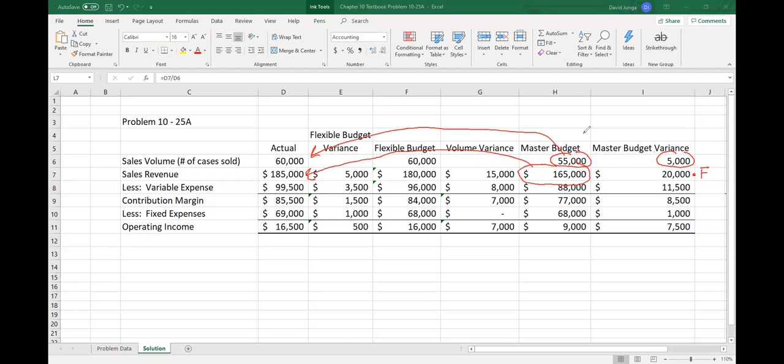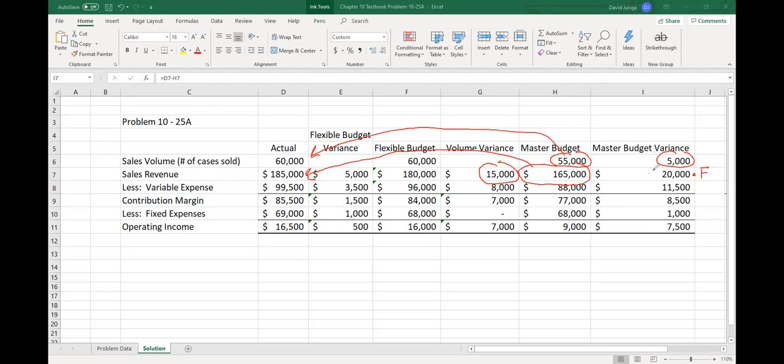But here's where the volume comes in. Of that 20, we know that $15,000 is based on volume. Pure volume alone is explaining 15,000 of this $20,000 variance.